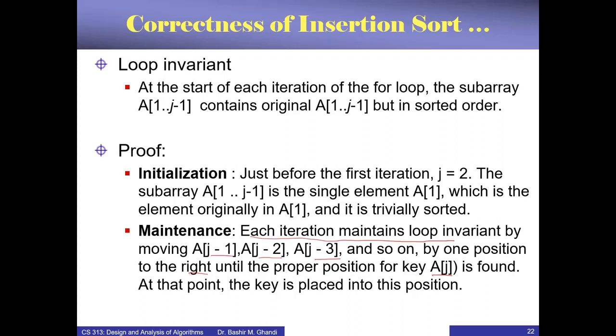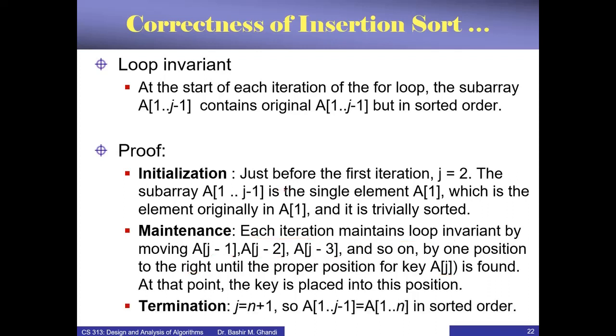At that point, the key is placed in its position. So clearly, no element is removed. It's the same elements as the original ones. We are only shifting them to the right to find the correct place to insert a at j so that the sequence will be sorted. So clearly, the loop invariant will be maintained after each iteration.